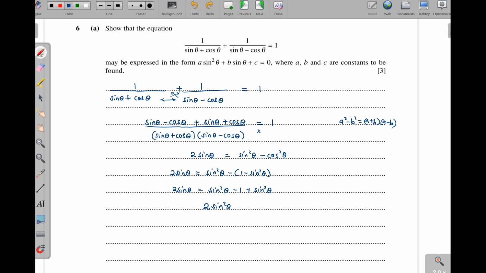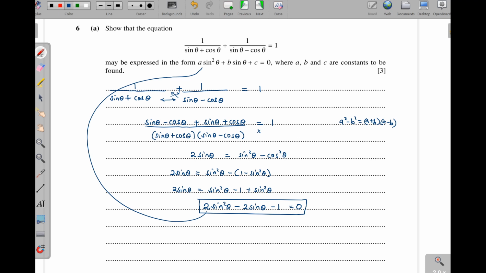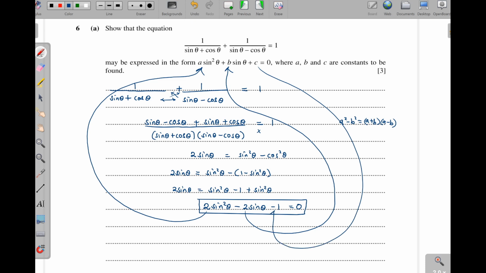Bring this one this side, it will be minus 2 sine theta. Then there is this minus 1, which is going to be equal to 0. So this is our quadratic equation in sine theta. That means A is 2, B is negative 2, and C is negative 1.